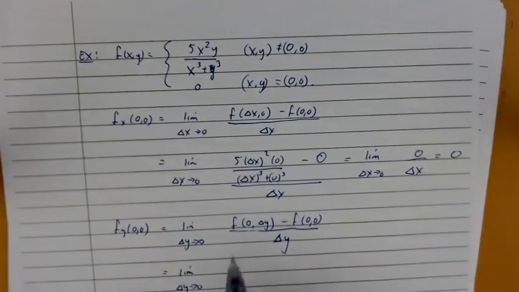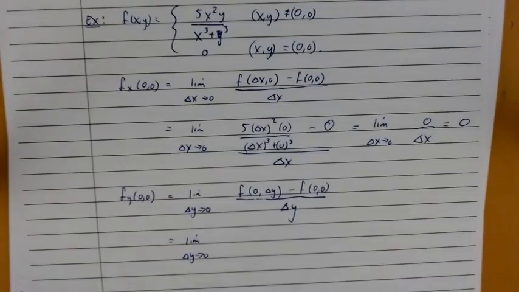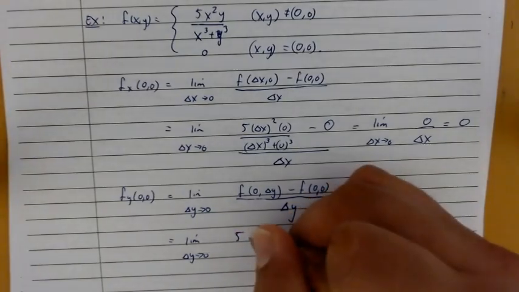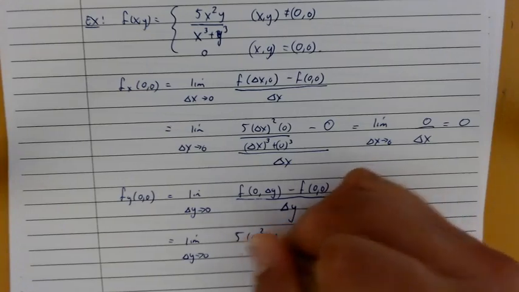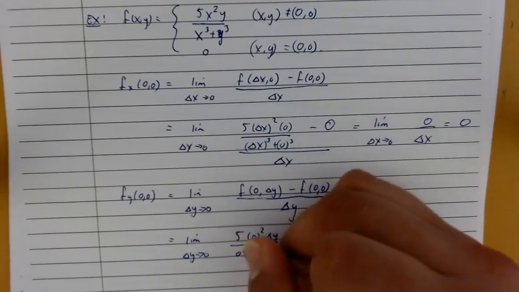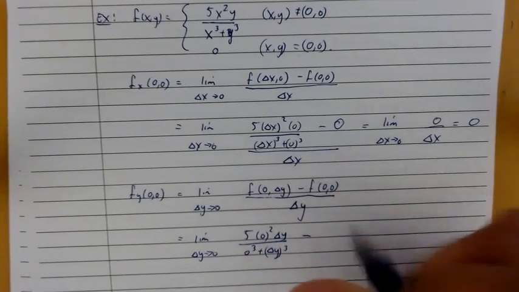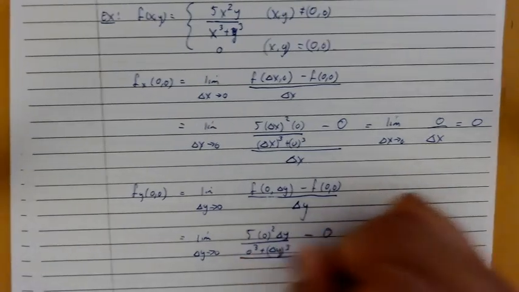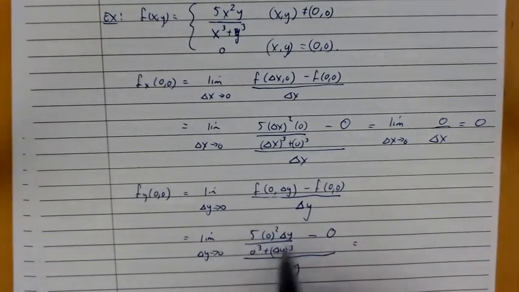Here I'm plugging in something that's not the origin, so I'm going to use the top definition here. And for my x's, I'll plug in 0, and for my y's, I'll plug in delta y. So that'll be 5 times 0 squared times delta y over 0 cubed plus delta y cubed, minus f of 0, 0, which is just the number 0, over delta y, which again is just 0.